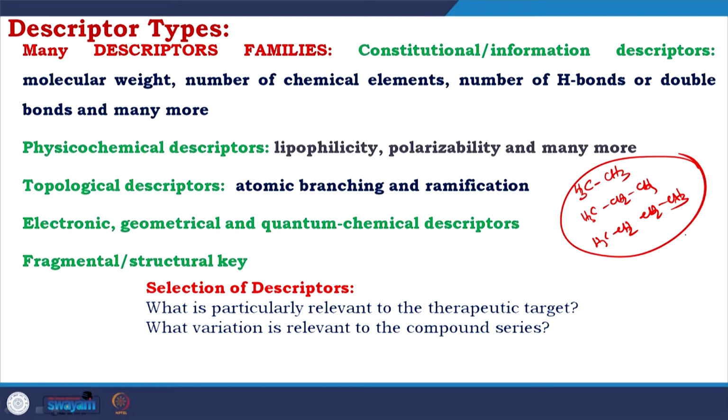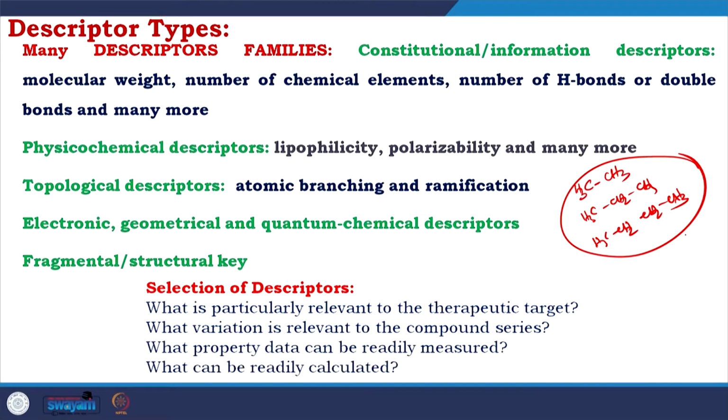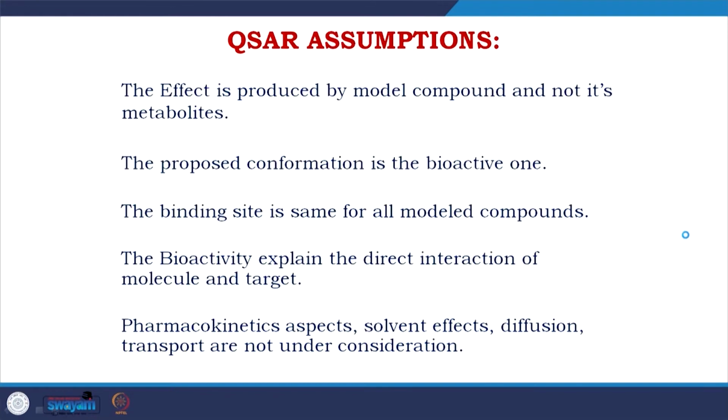The topology, how those variations are related, you have to get those answers. What property data can be readily measured? What can be readily calculated? So, you have to understand those questions when you are going to select the descriptors.